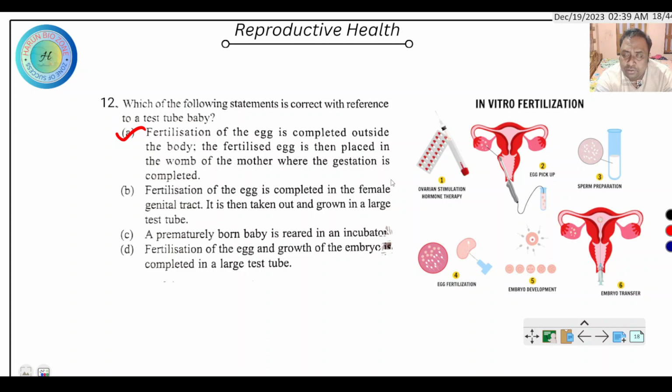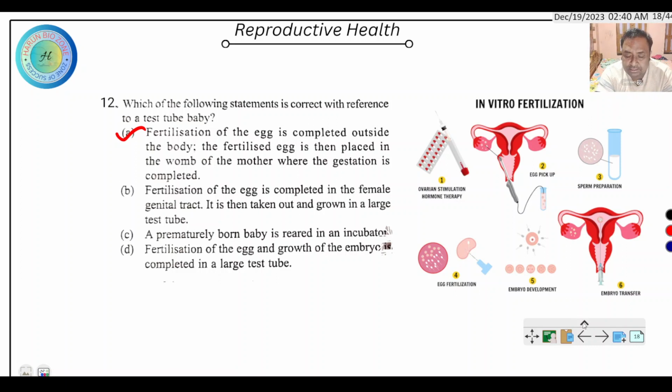Okay. So here, when a large number of eggs are produced, sperm are collected and the sperm and eggs are fertilized outside of the body. That is in vitro condition, that is called in vitro fertilization. Okay. Then the zygote is transferred into the fallopian tube.